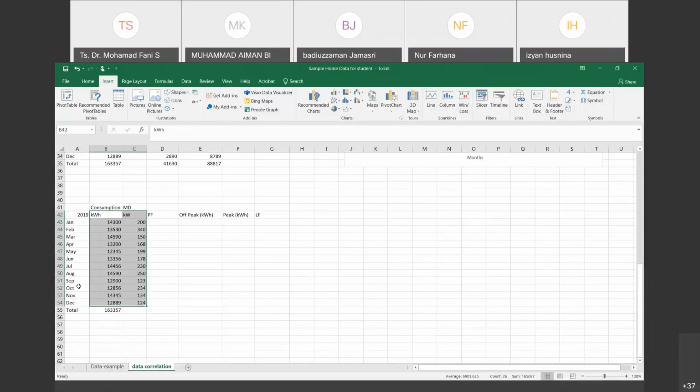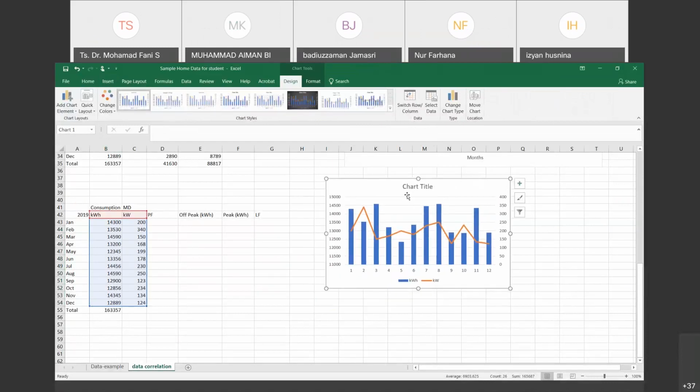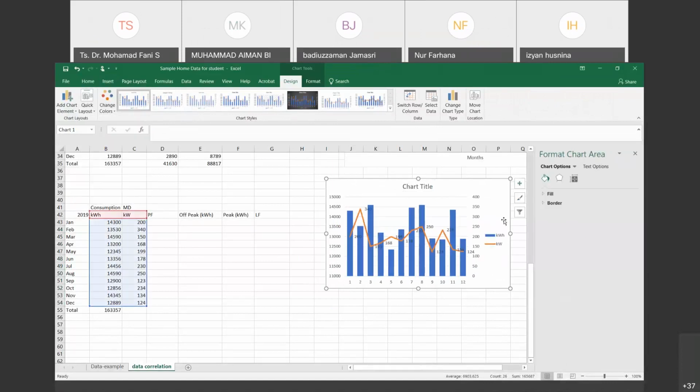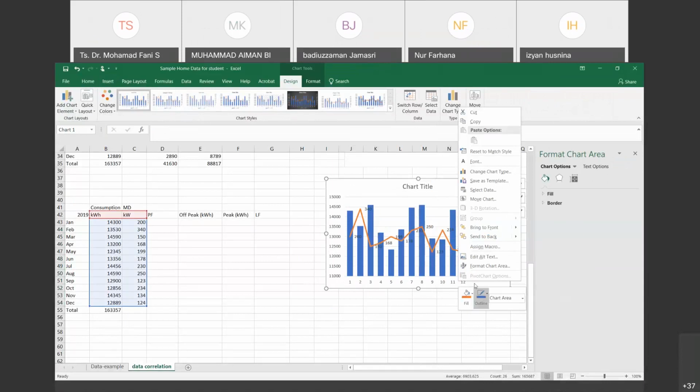Okay, get the graph for the consumption and MD. Use combo. You can also use combo or another graph to show the relationship between consumption and maximum demand.